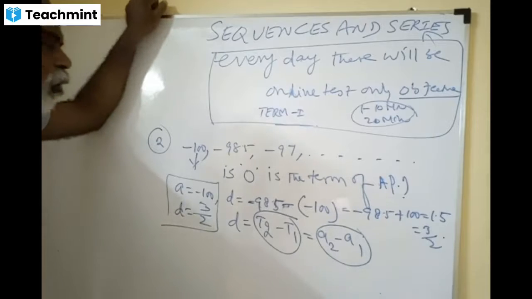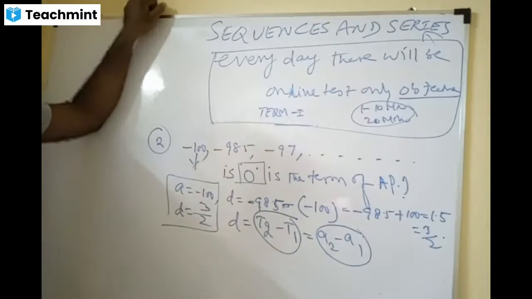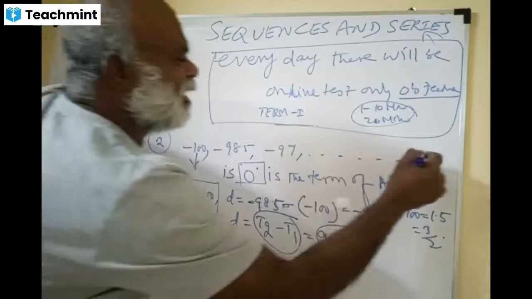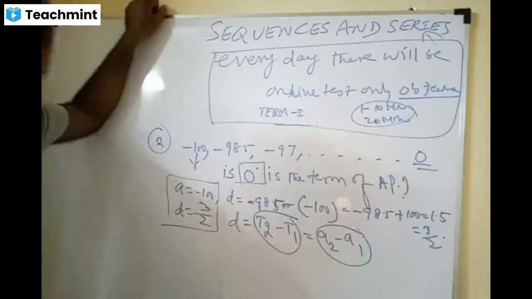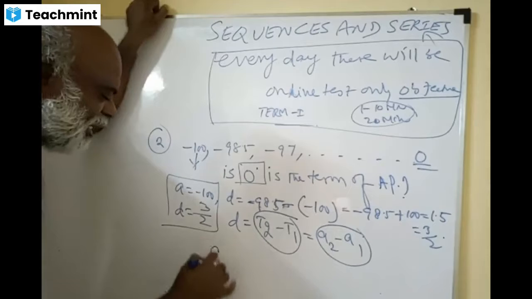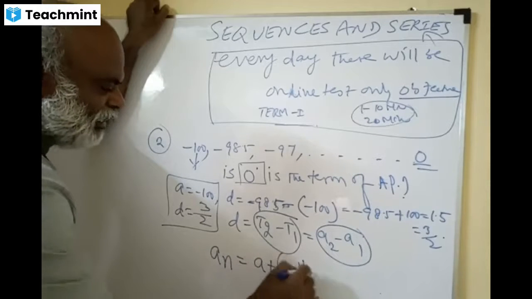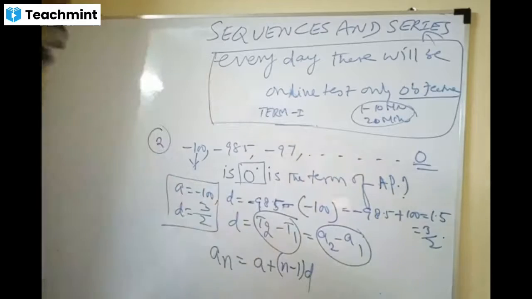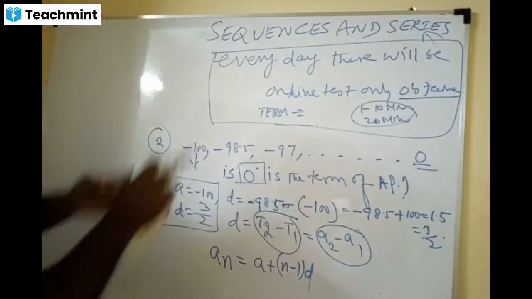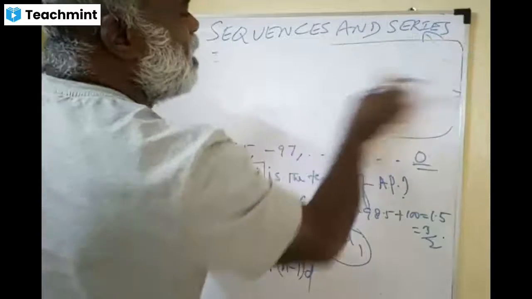But what do you take this 0 as? AN. Excellent. So whether this 0 fits here or not, let us take it that it fits there and take it as AN. AN is A plus N minus 1 into D. Friends, take that 0 or whatever they ask.